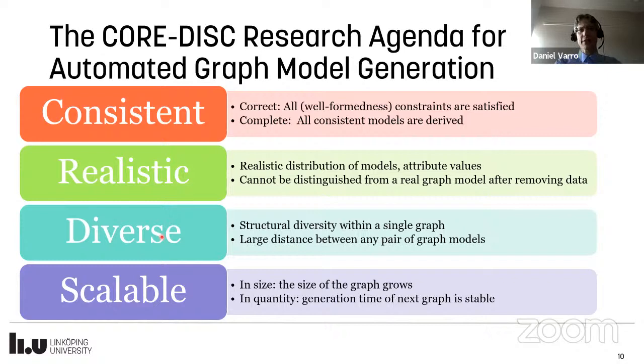And another aspect of diversity, which is important from a testing perspective, is that if we take any pair of graph models that we generate, there should be a sufficiently large distance between them, no matter how we measure the distance. And finally, the fourth aspect is related to scalability, which can mean that the size of the graphs grows or the number of the graphs grows, and when we generate new and new graphs, it still takes roughly the same amount of time as before.